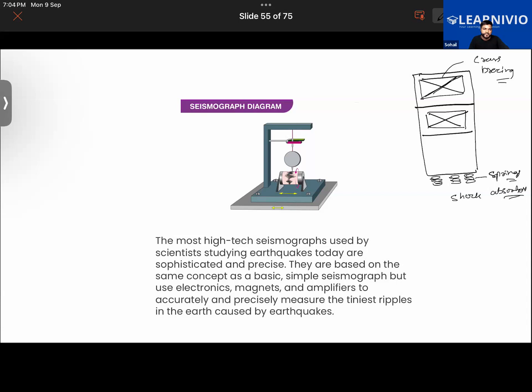The center of gravity is the point in the body where the whole mass of the body is concentrated. So there will be a center of gravity of the building also. That also has to be at the appropriate place to make it shock proof.